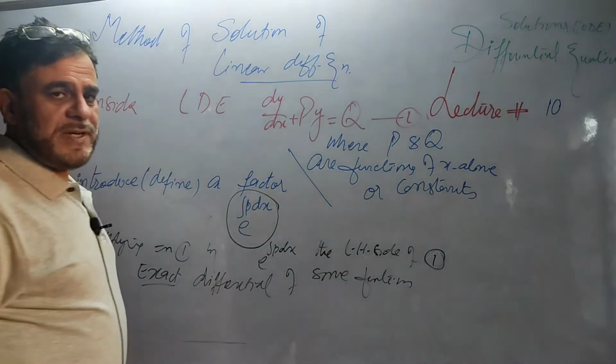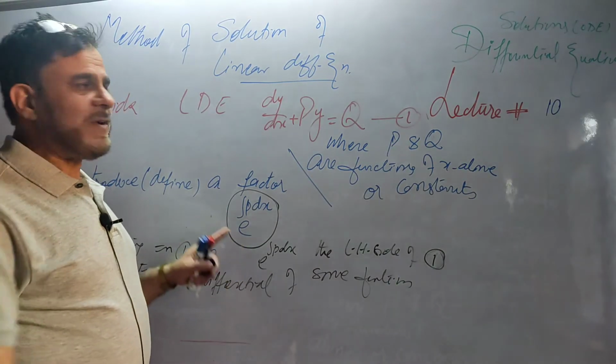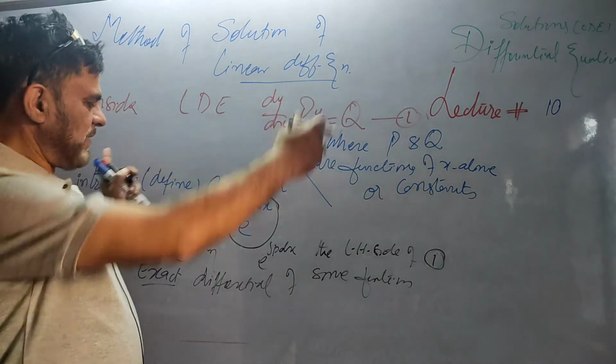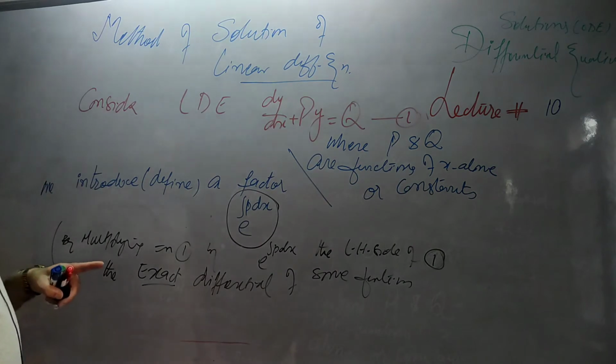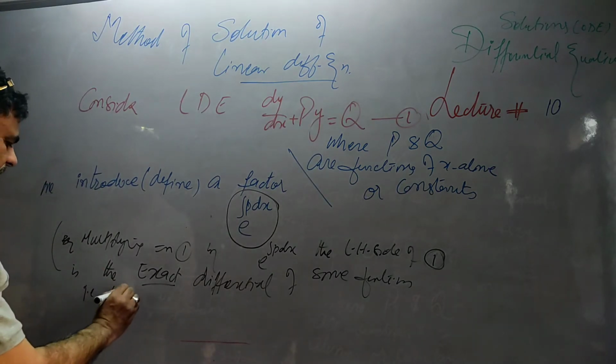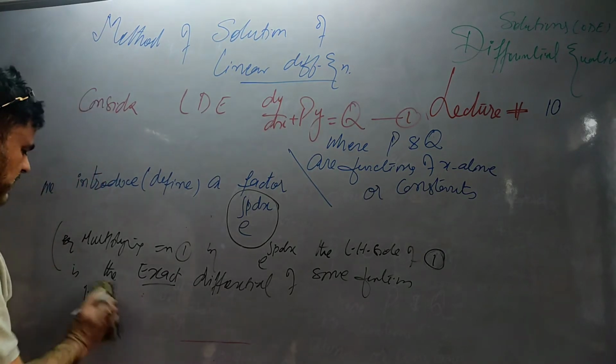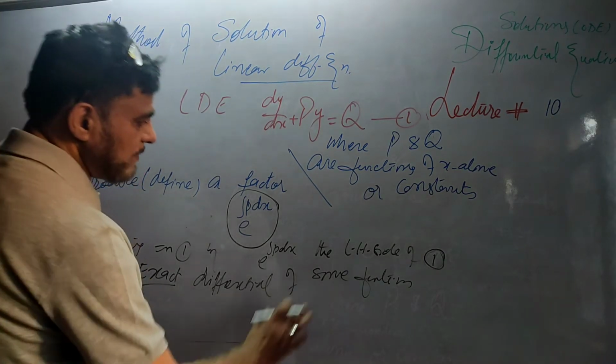Here also, when we multiply both sides by this factor, our left hand side of the first equation is an exact differential of some function. You see, it has a peculiar property.